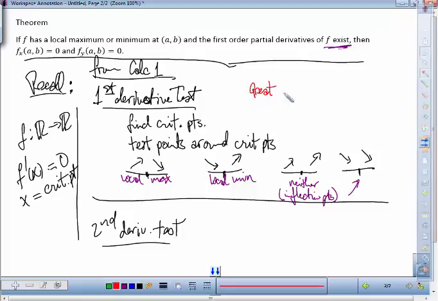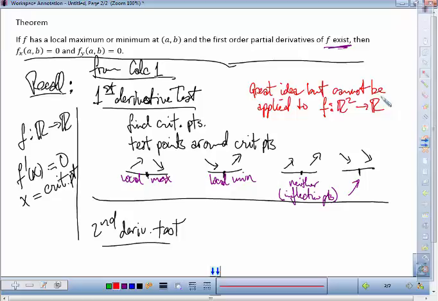Great idea, but it cannot be applied to a function that takes two variables and gives out one value. Why not? Any ideas why not?